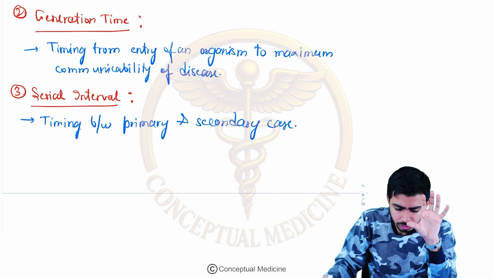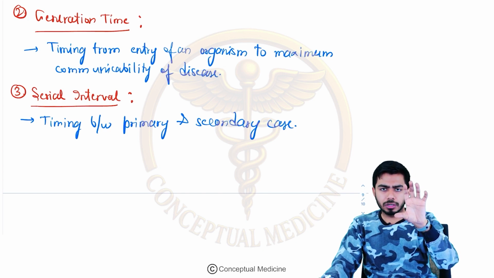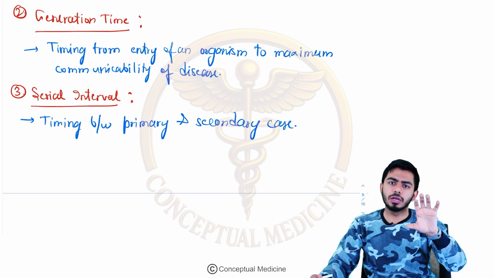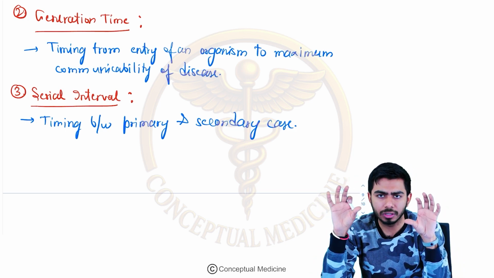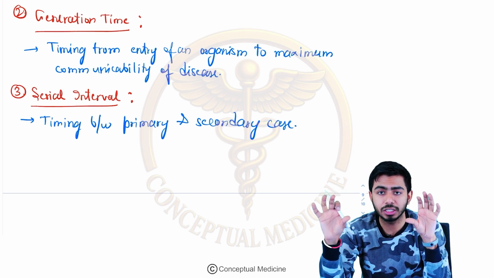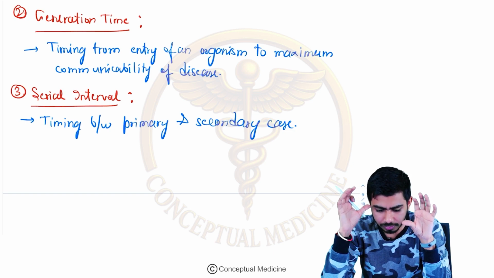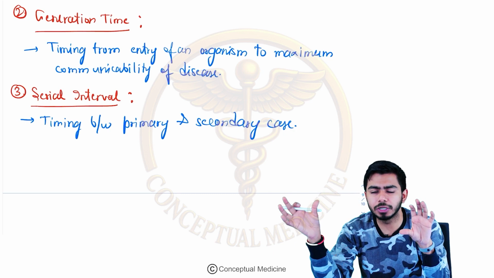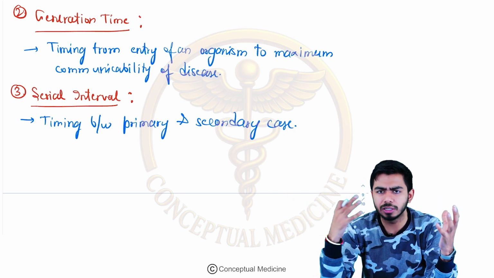Quarantine is done for the maximum incubation period known, and isolation is done for the maximum period of communicability of the disease. That was about quarantine and isolation.